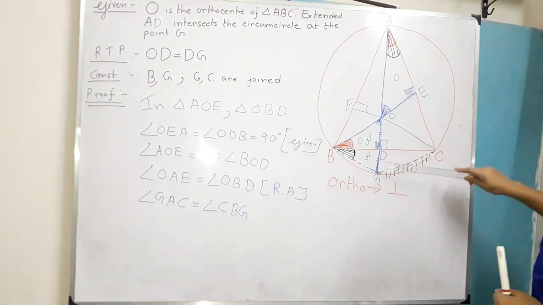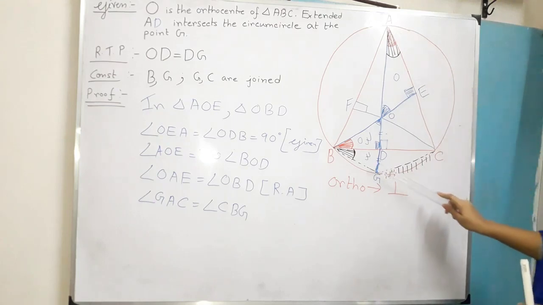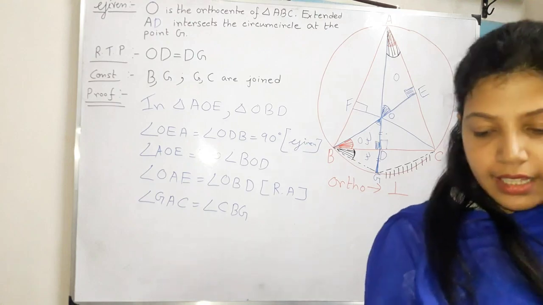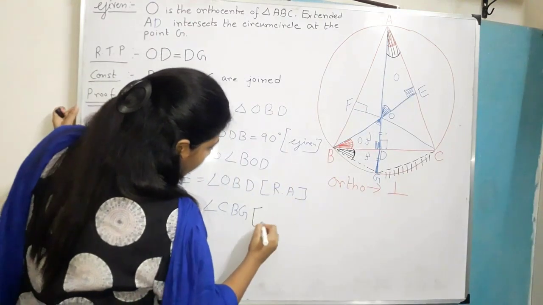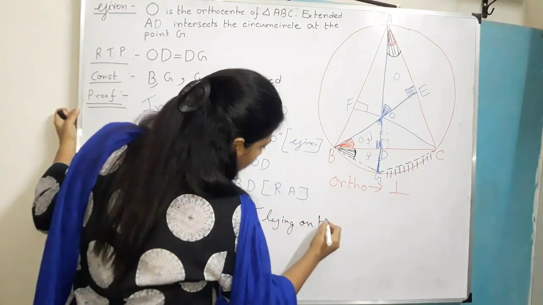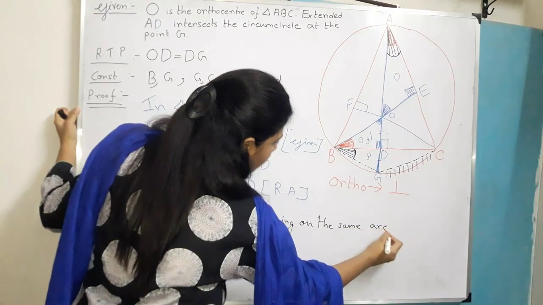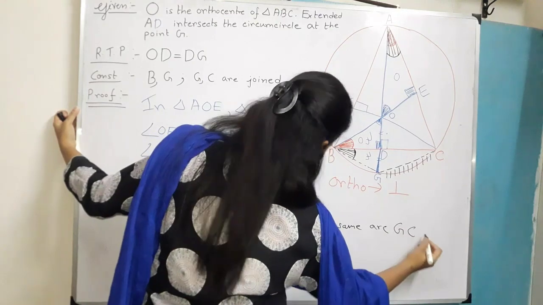Angle GAC lies on the arc GC. Similarly, angle GBC lies on the arc GC. You know that if two angles lie on the same arc, then both angles are equal. So just write down: lying on the same arc, that is GC.